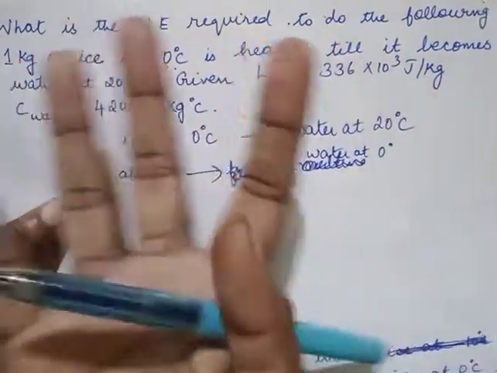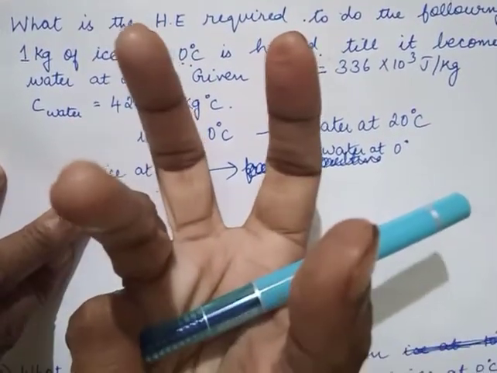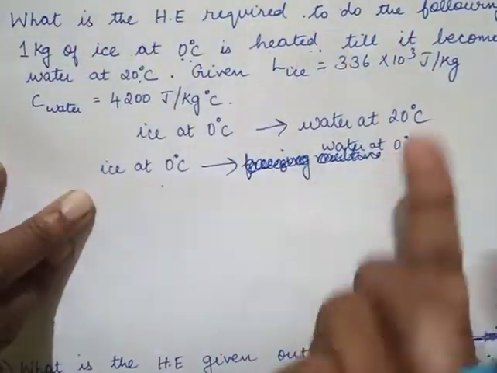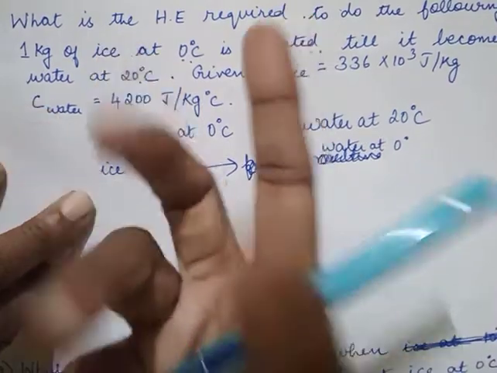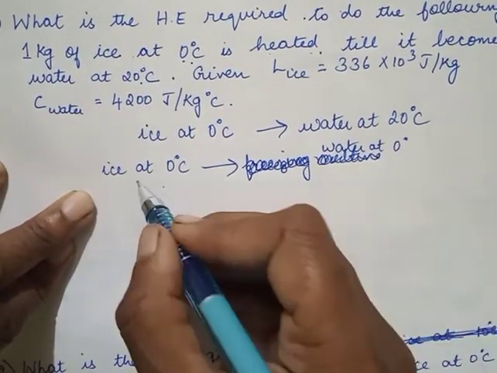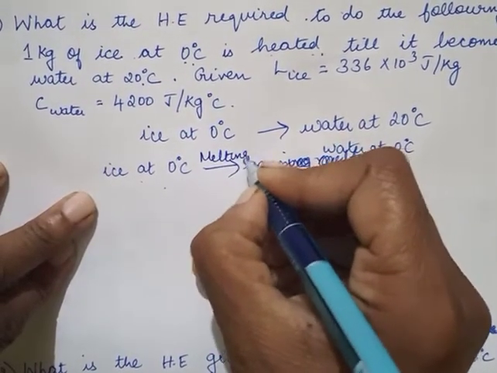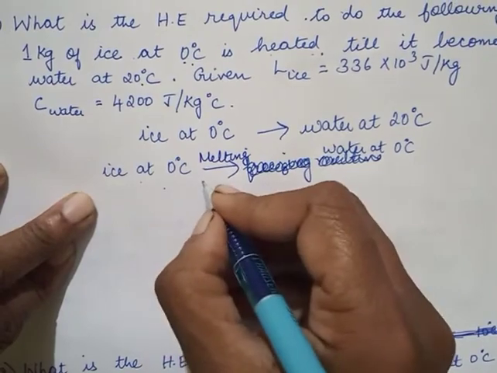See children, I give you 1 kg of ice and you have to keep heating it till it becomes water at 20 degrees Celsius. Now what will happen? First the ice would have melted. Okay. So that's the first process. Ice at 0 has to melt to water at 0 degree Celsius. And what will be the formula for that?